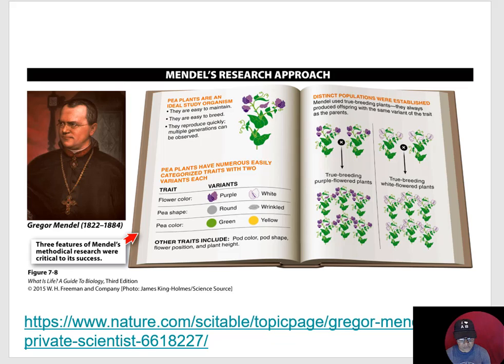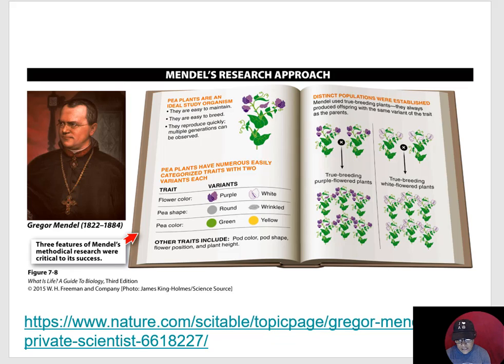There are different variants, purple and white flower color, variants in their pea shape. So they're round peas and wrinkled peas, and variants in the pea color. So you could have green peas and yellow peas. And so they have lots of these traits that can be used to observe and determine what is happening genetically.